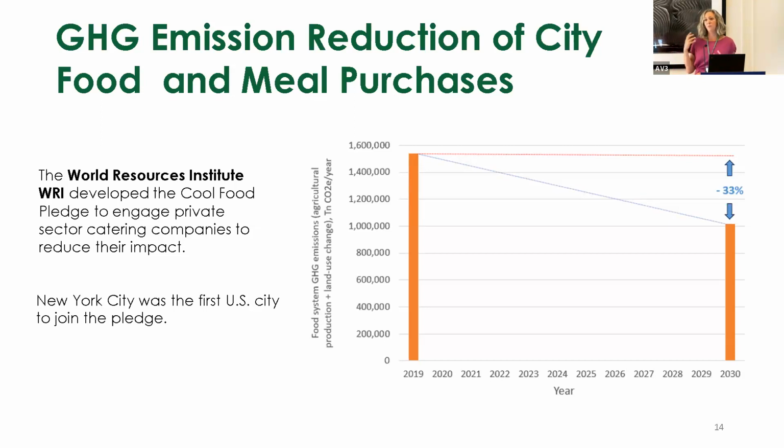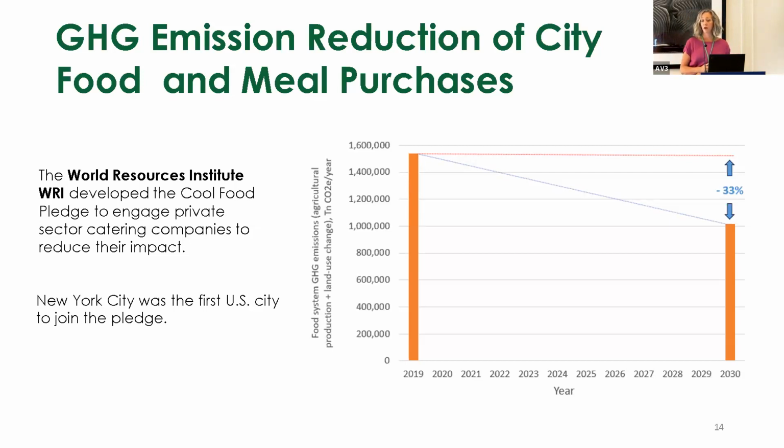So we've committed to reducing that by 25% by 2030, but I'm going to speak more to this. The city wants to be more aggressive than that and actually drive a citywide and agency reduction by 33%.